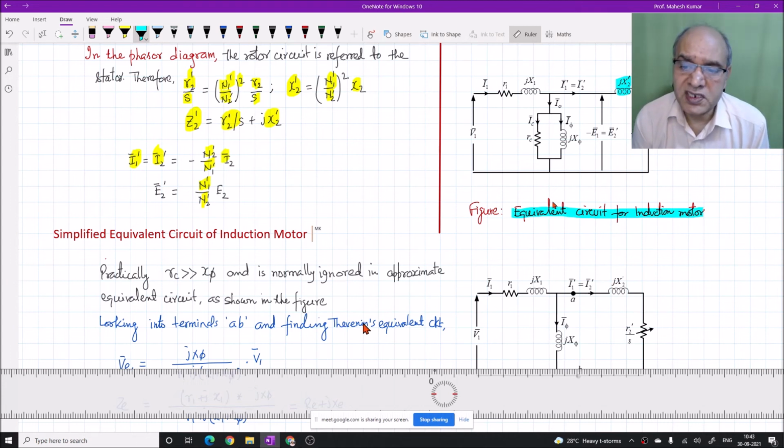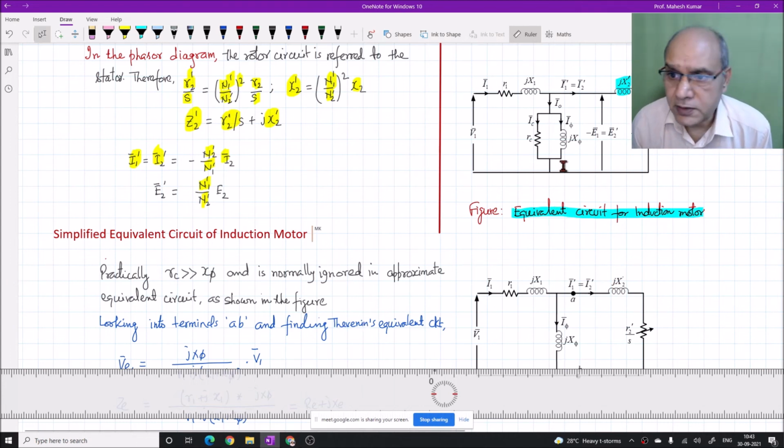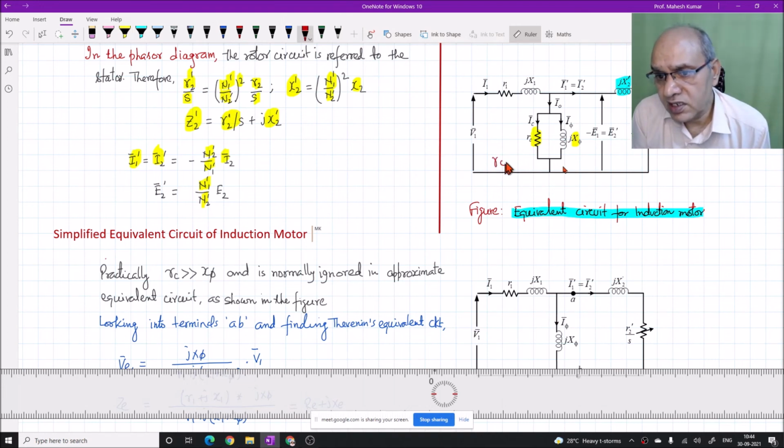The one approximation is that RC is far greater than X phi. That is, RC is very high in value as compared to X phi, and therefore this branch is ignored, and hence the circuit becomes like this.